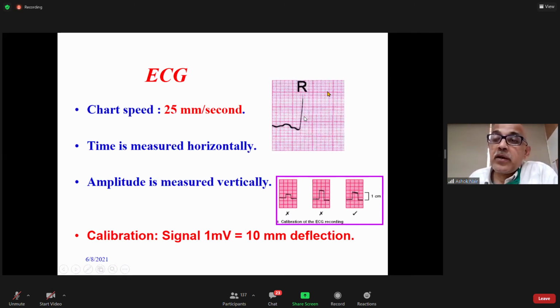Each small square in the vertical axis will correspond to 0.1 millivolts. Clear? So you have the horizontal axis and the vertical axis. The horizontal axis is time, the vertical axis is the voltage.